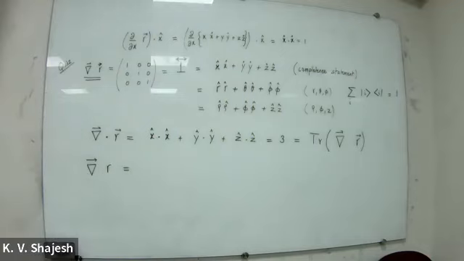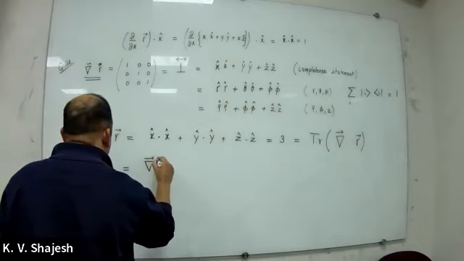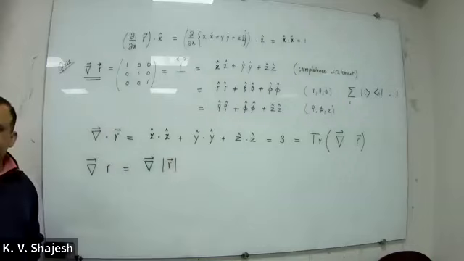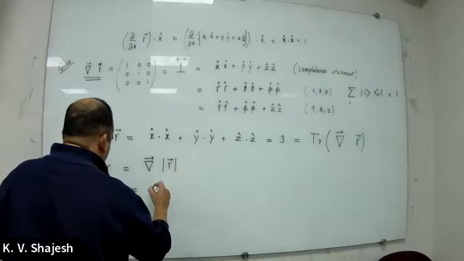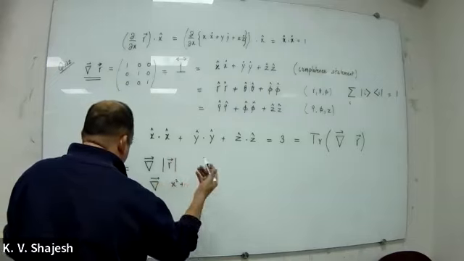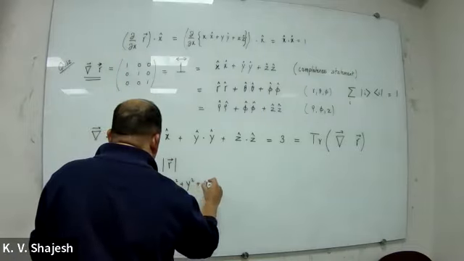It's just the quantity r, the magnitude of the vector r. And this is equal to the gradient of the square root of x squared plus y squared plus z squared, let's work in rectangular coordinates.